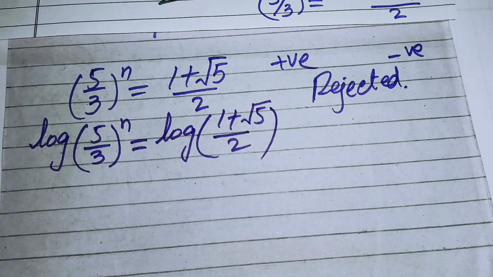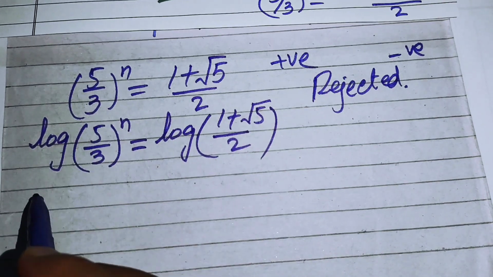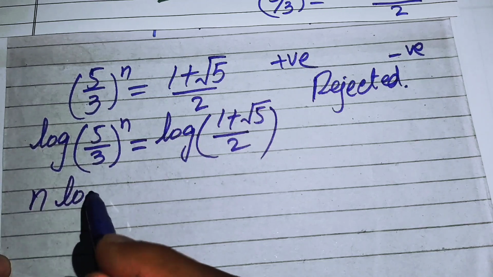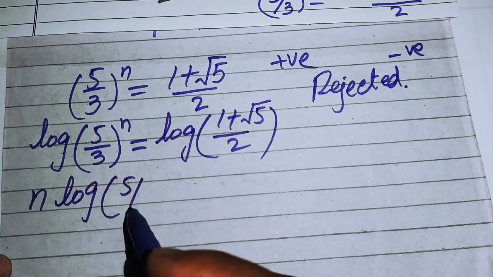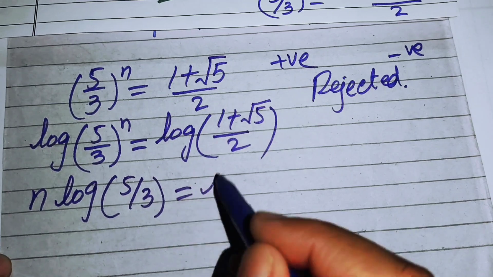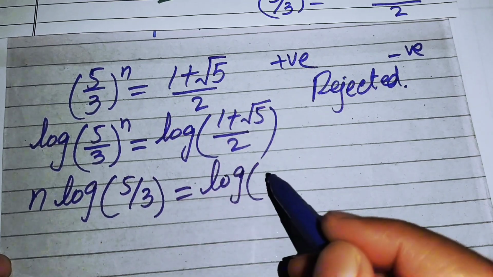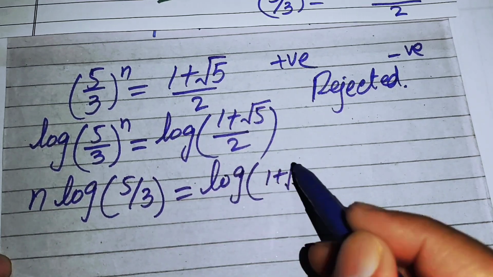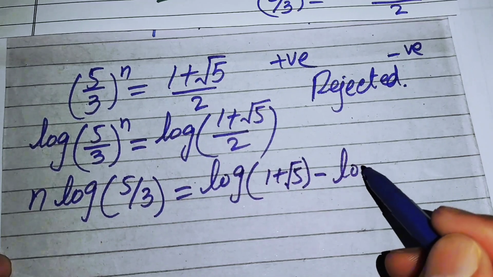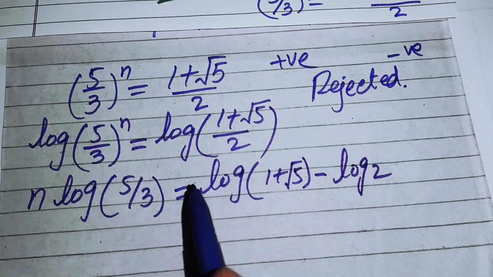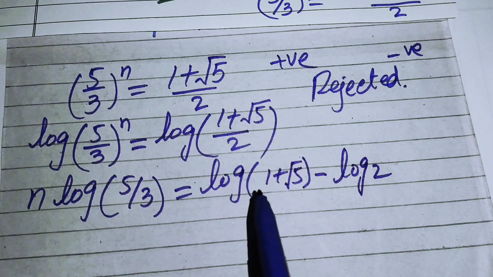Now on the left hand side we apply the property of logarithm. We move this exponent in front of the log, and you get n times log of 5 over 3 equals log of (1 plus square root of 5) minus log 2. So here we apply the property of log, and you get this form.